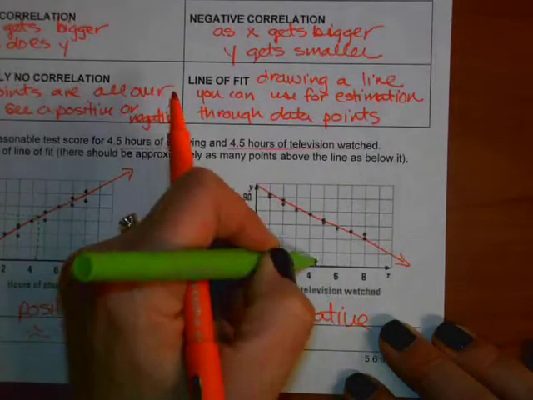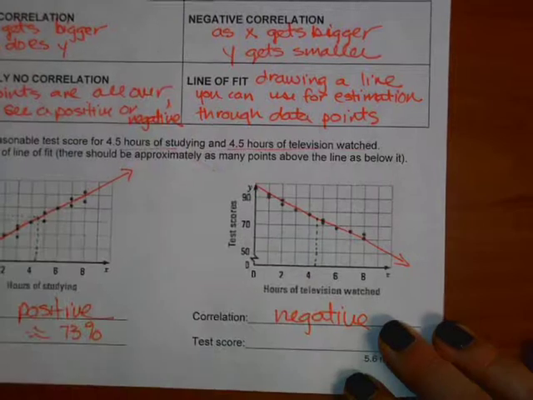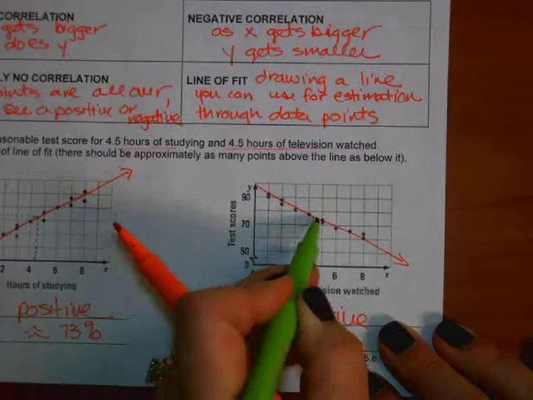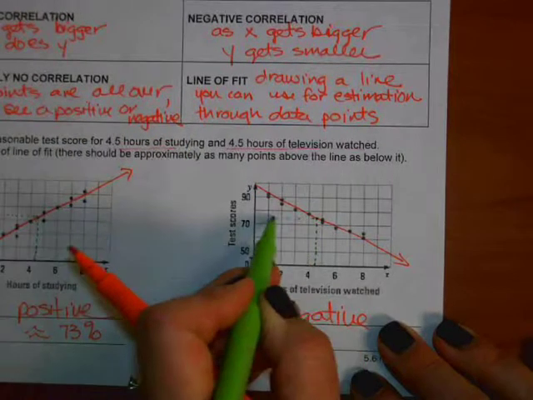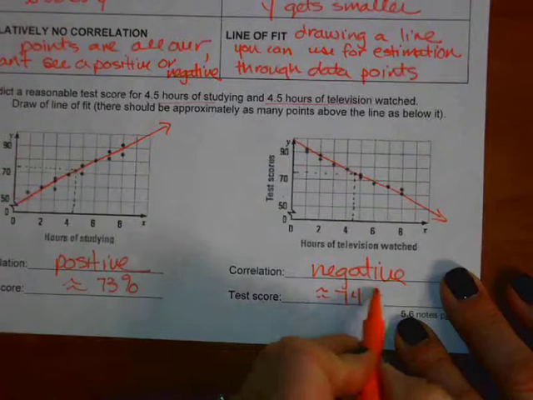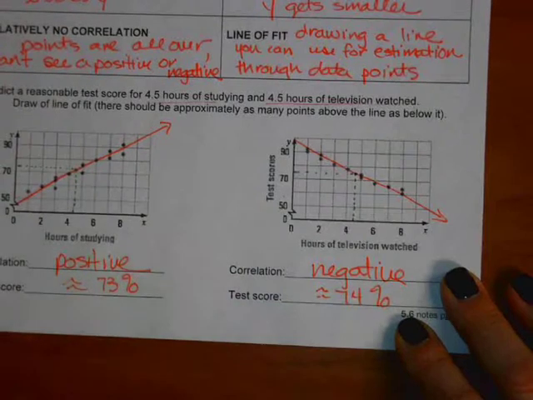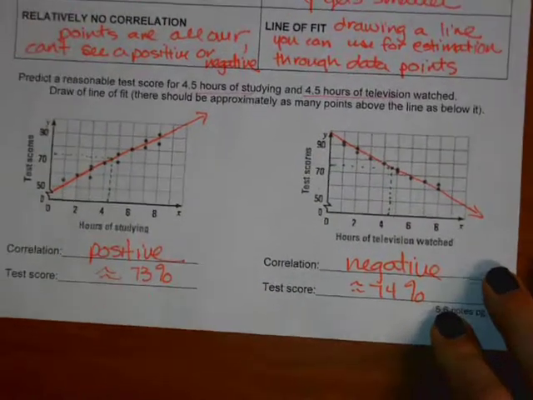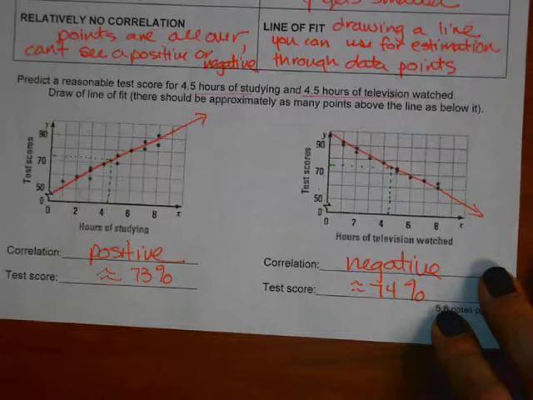So I'm going to go here to 4.5, go up to my line, and go over. What? It's saying I'm going to get about a 74%? What? It's saying if you study the same amount as the hours of TV you watch, you get the same grade. I think there's something wrong with that data.